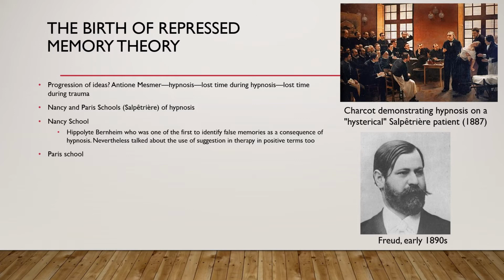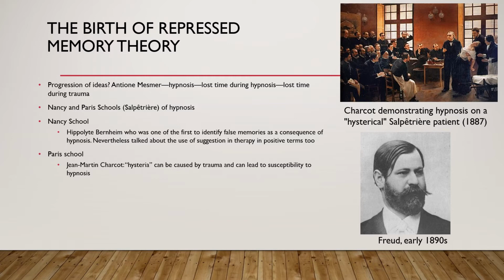And you also had the Paris School of Hypnosis that also consisted of a bunch of well-respected physicians who nevertheless got involved in researching hypnosis. So Jean-Martin Charcot, for example, came up with the ideas over time that hysteria may be caused by trauma and can lead to susceptibility to hypnosis.